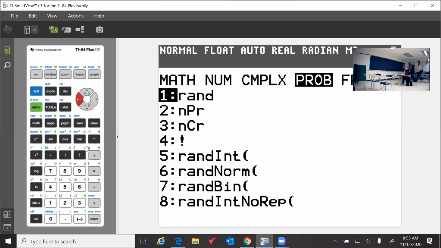Math PRB, ready? 3. Now, make sure you understand what the choices are. 3 is a combination. 2 is a permutation. Permutations mean that order matters. Combination, order doesn't matter.